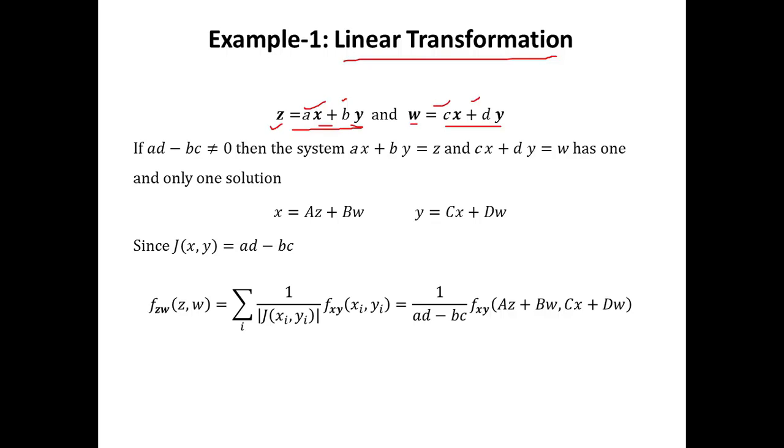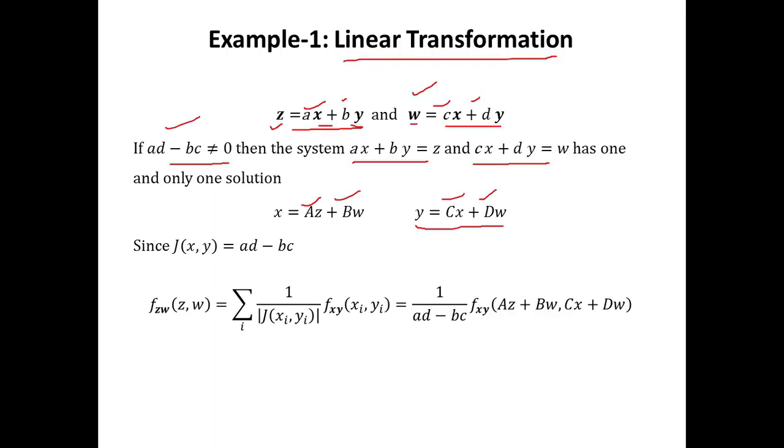Now if AD minus BC is not equal to 0, then the system ax plus by equals z and cx plus dy equals w has only one solution, given as x equals capital A z plus capital B w, y equals capital C z plus capital D w. The expressions of A, B, C and D you can easily determine by using this expression and this condition.